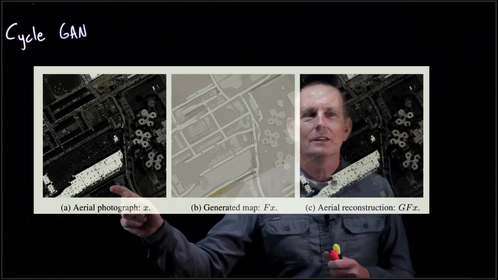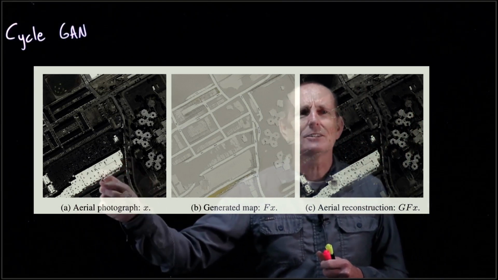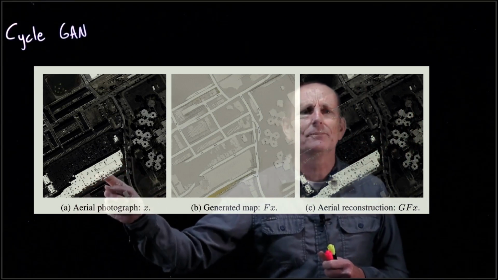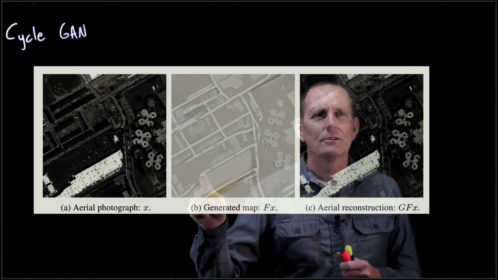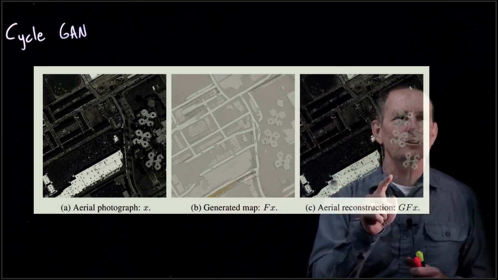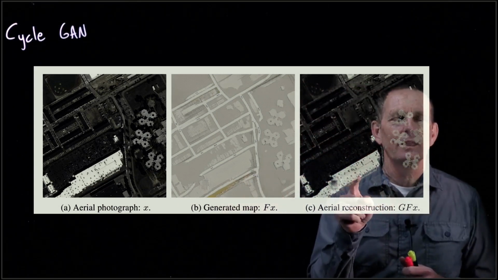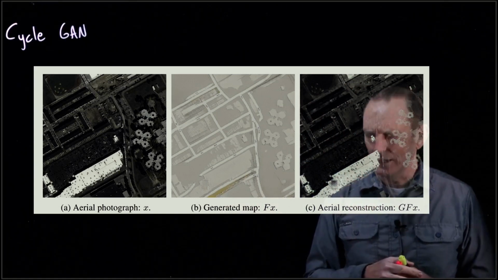So for instance, if we look at this area here with the white, there were all these dots which are part of, I think, the top of the building. Here, they're not present. Okay, we have no such dots. And yet, when we went back to the aerial reconstruction, they were back again. How can that be?